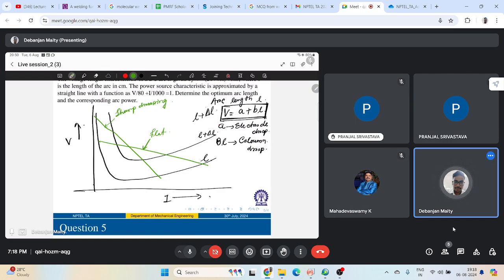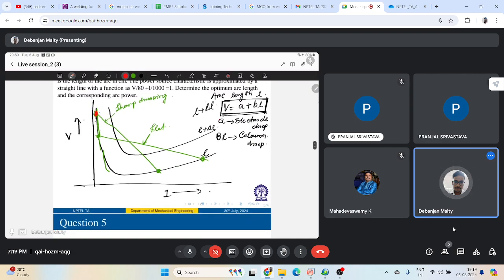So what are the operating points of those power sources? This is one of the operating points, and this is one of the operating points. If I take this one, this is also one of the operating points, right? So there are four operating points by the intersection of the curves. Now these A and B are called stable operating points.